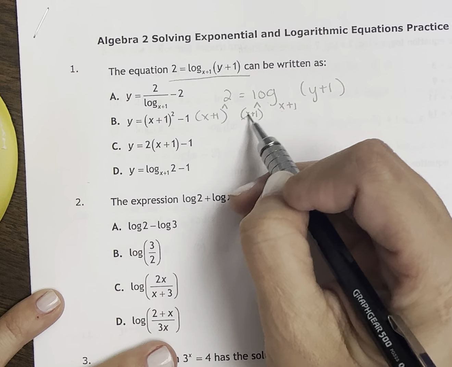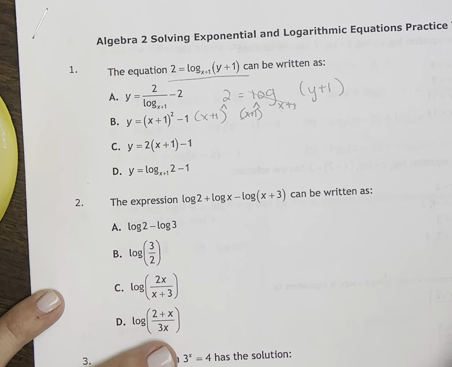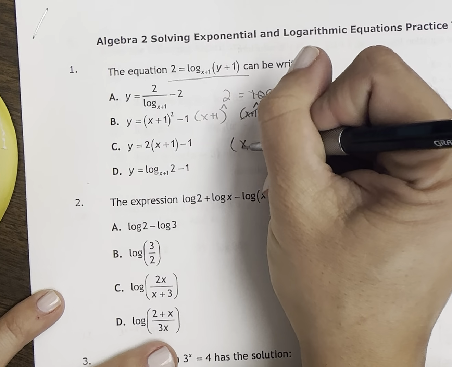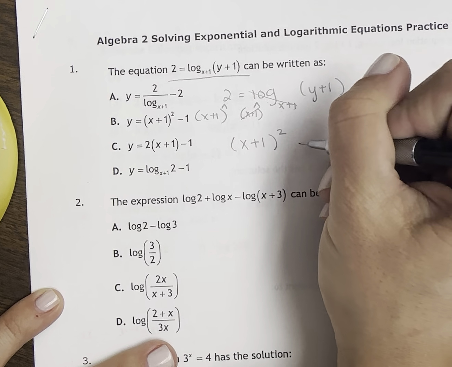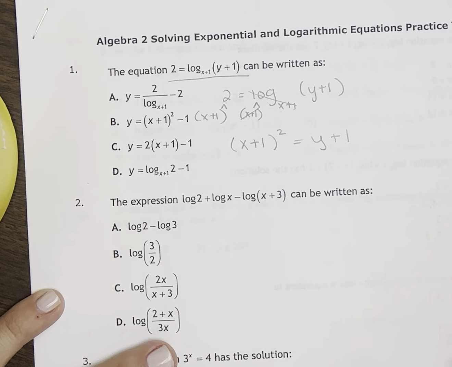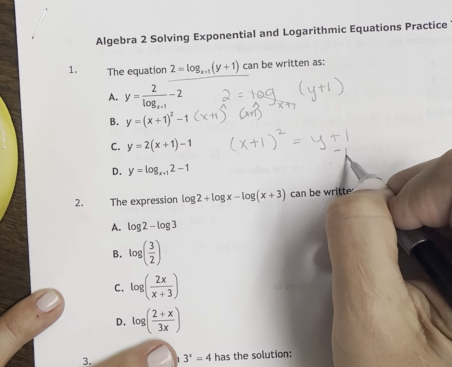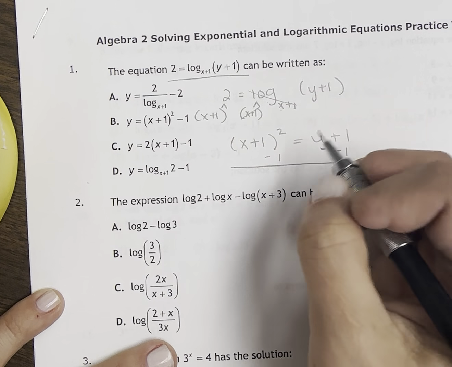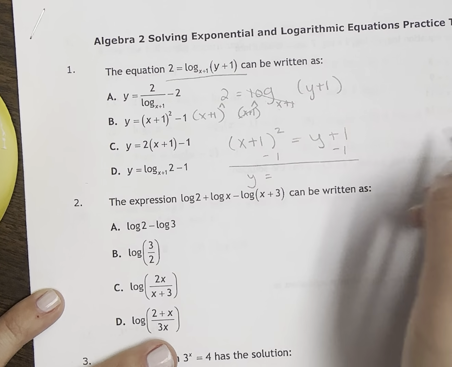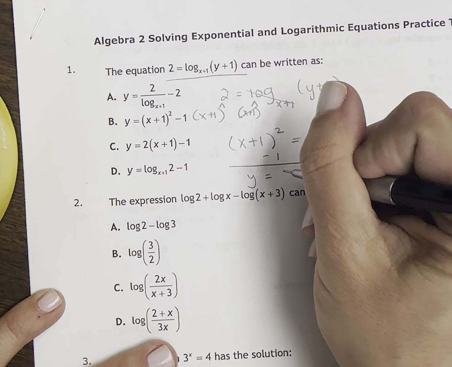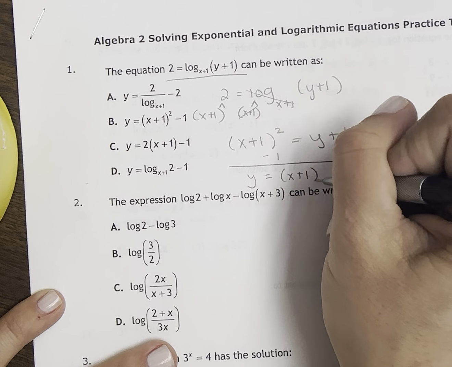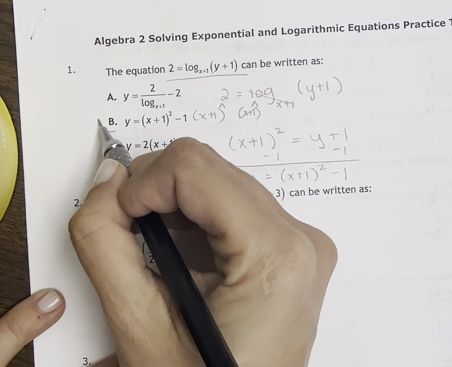That would allow this and this to cancel out, and I would get x plus 1 squared equals y plus 1. And now to isolate y, I just have to subtract the 1 from both sides. I'm switching these two to write y equals x plus 1 squared minus 1.